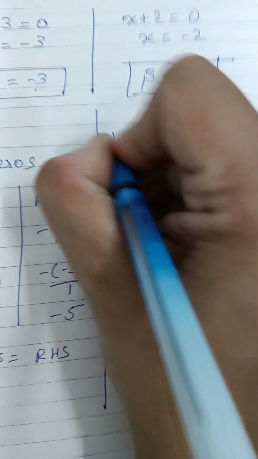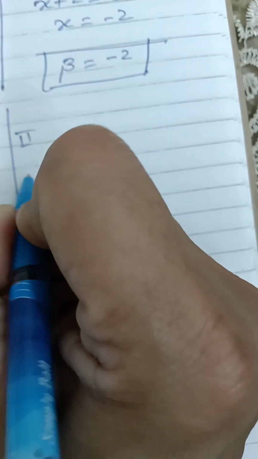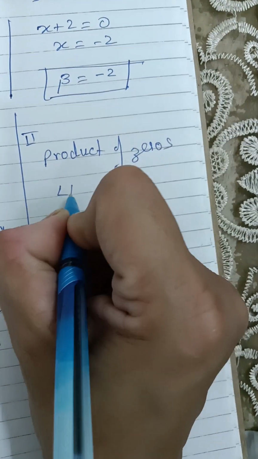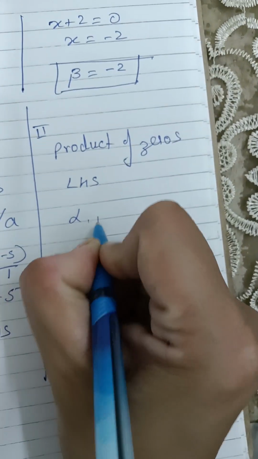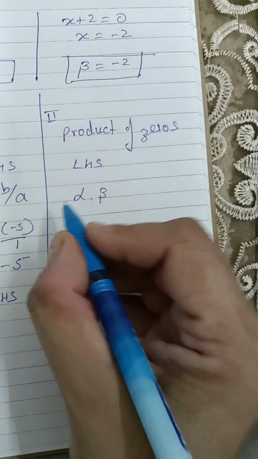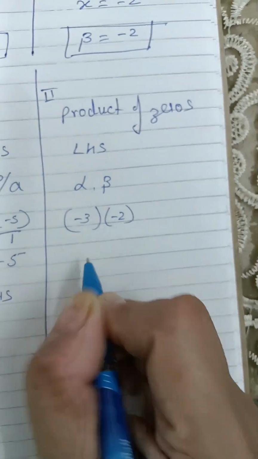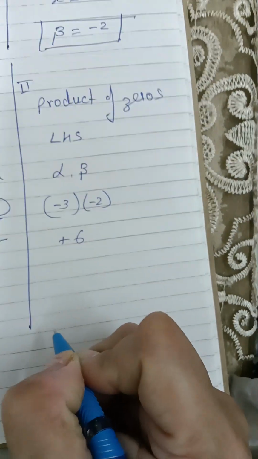The second relation is the product of zeros. So for the product of zeros, on the left hand side we have alpha into beta. Alpha into beta will be minus 3 into minus 2. If we multiply the two we get plus 6.